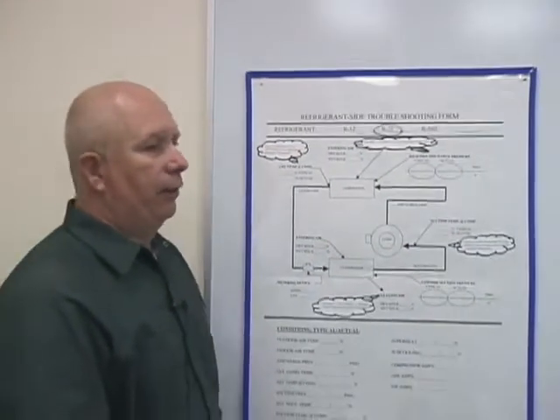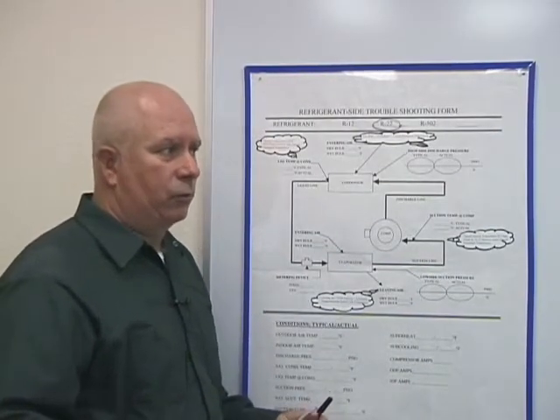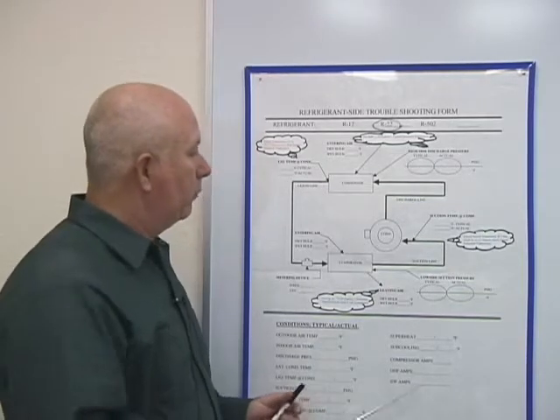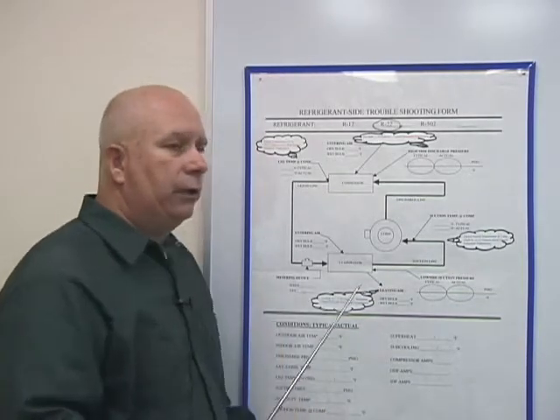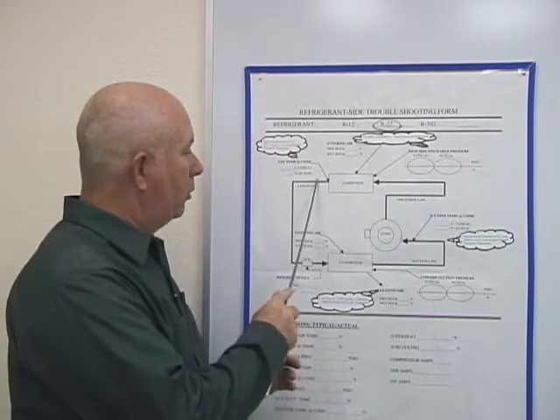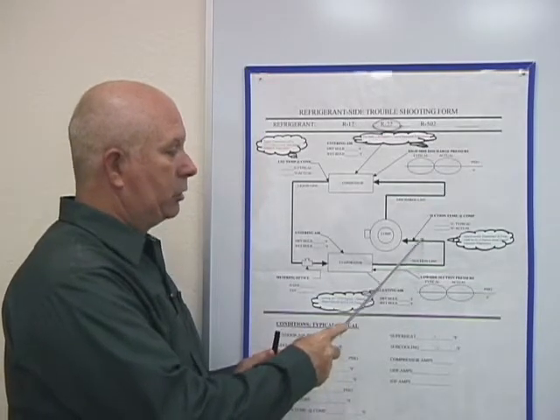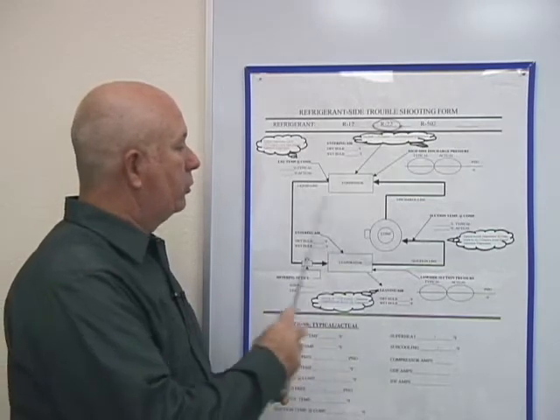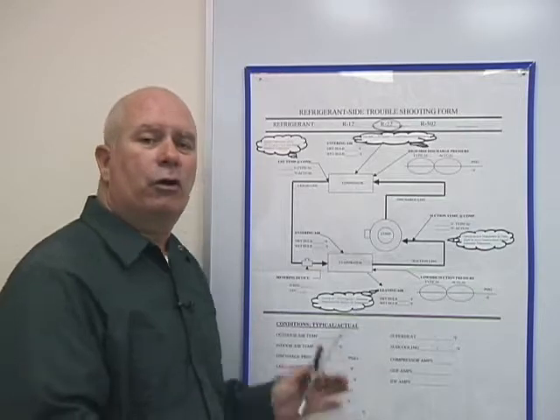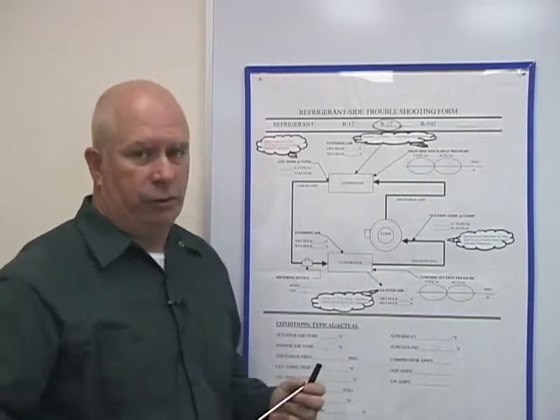Now, the other problem that you're going to run into, and in this classroom, when you do that original reading on your unit, you have to take the cover panel off, locate your liquid line and your saturation temperature line or suction line, find those two lines, put your meter and tape it in there, and then put the cover back on there before you can hook your gauges to your unit.